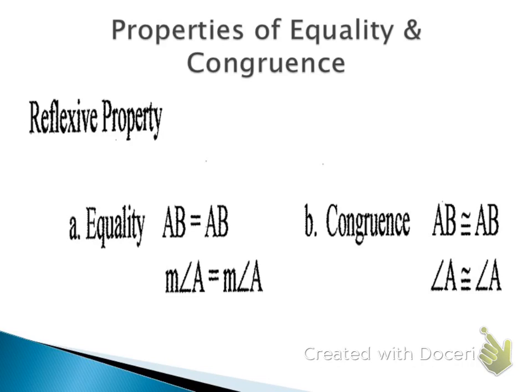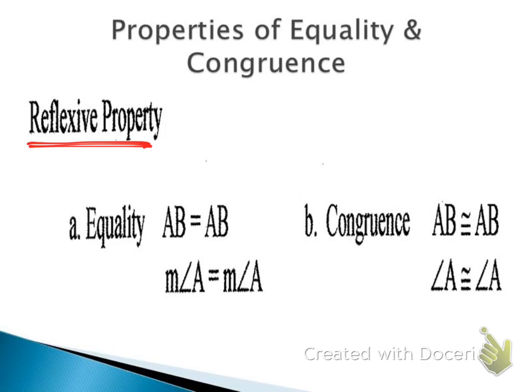The first property of equality and congruence we have is the reflexive property. So that's already written there, underlined for you. So we have the reflexive property of equality and the reflexive property of congruence. For the reflexive property of equality, we are talking about measures being equal to each other.